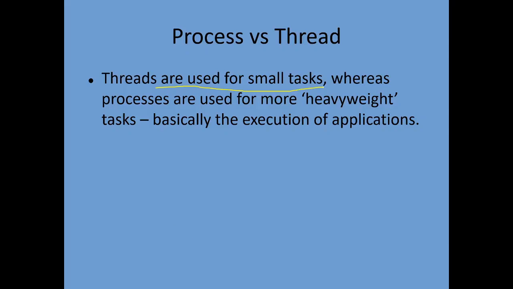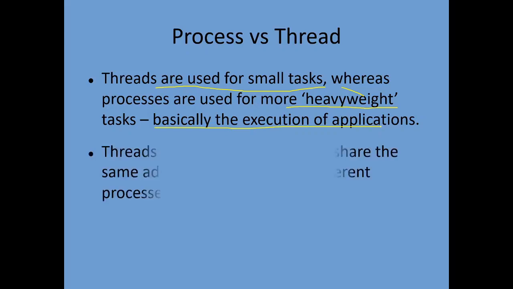Threads are used for small tasks within the processes, such as applying headers and footers or page borders. These are the small tasks within the process, and the main process is called a heavyweight process, which is basically the execution of applications.